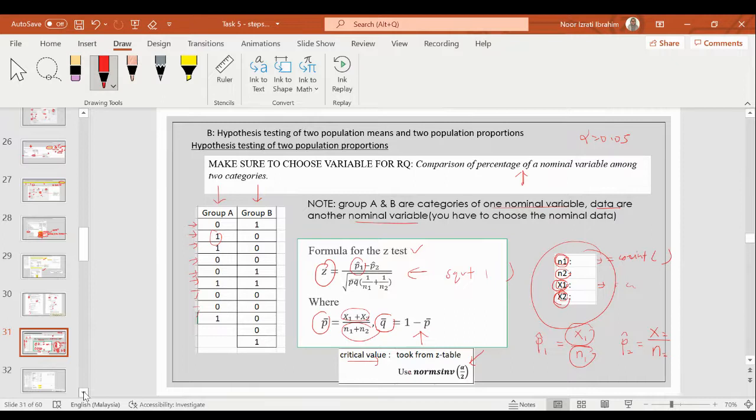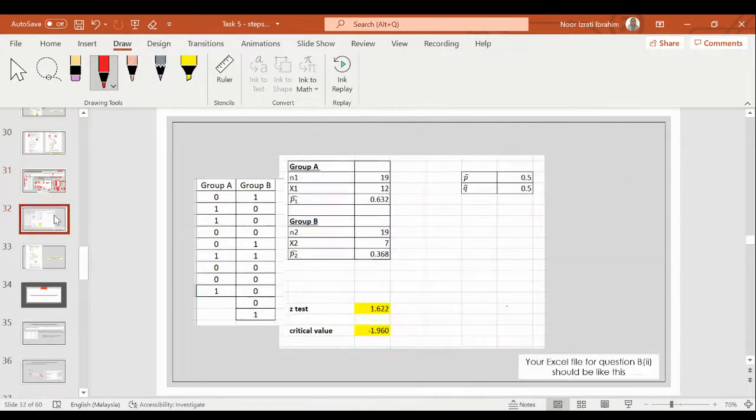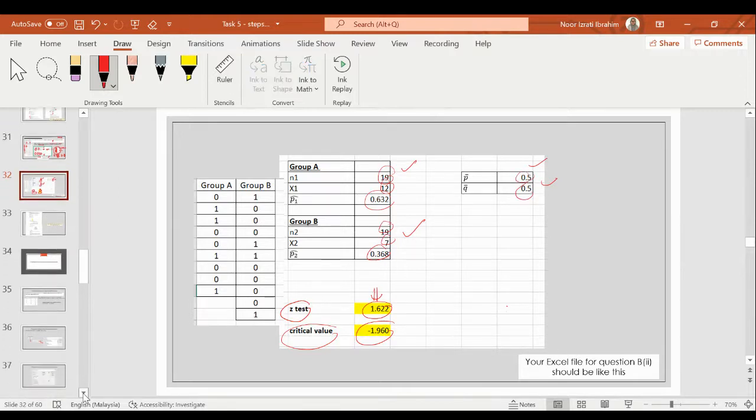Use the Excel function to find the value of CV. Your Excel should have all this information, the p bar and q bar, and how you calculate the test statistic. You have to use the formula, and the CV also you have to use the Excel function. How do you get all these values? Make sure you use the function COUNTIF. You all need to use Excel.